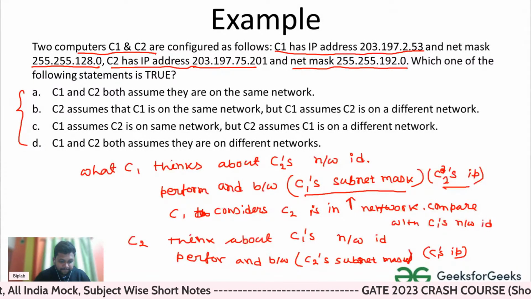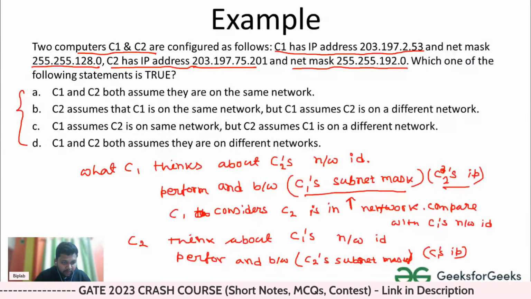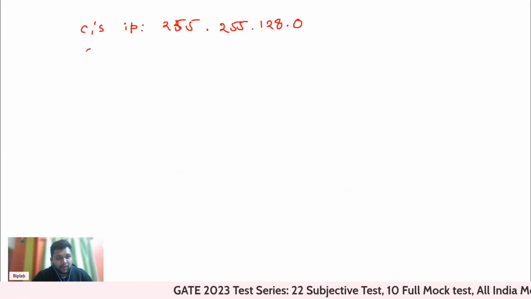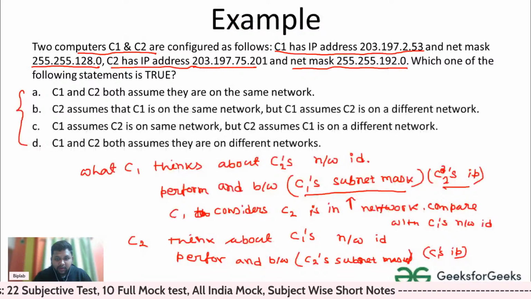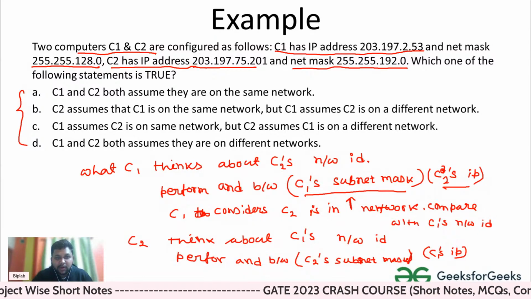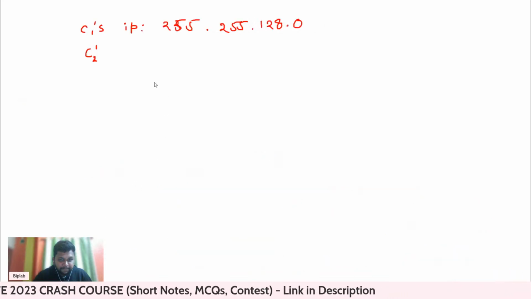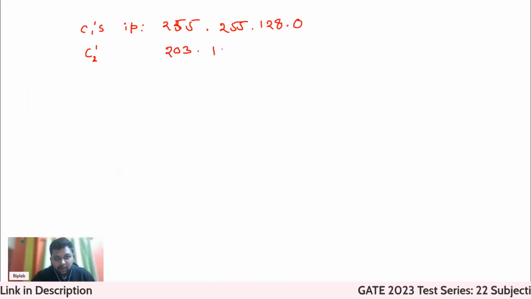Now I need C2's IP, which is 203.197.75.201.